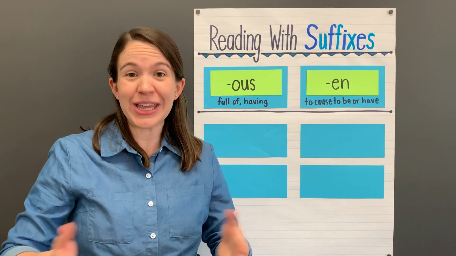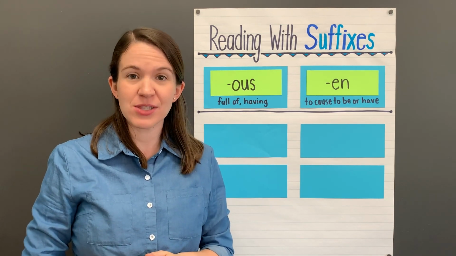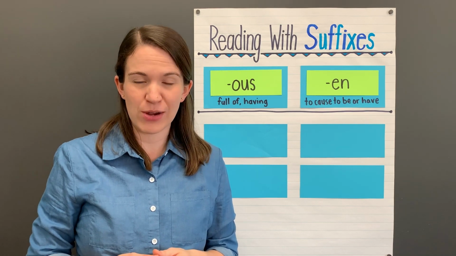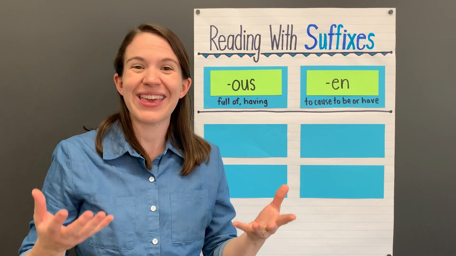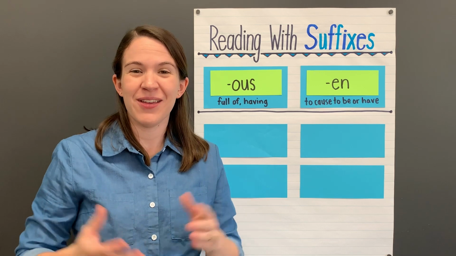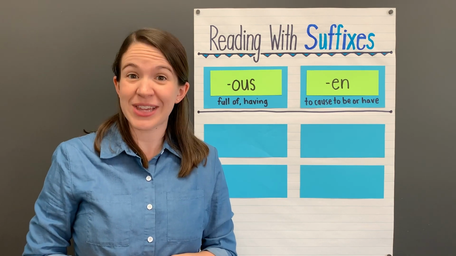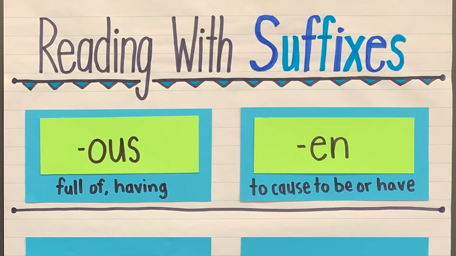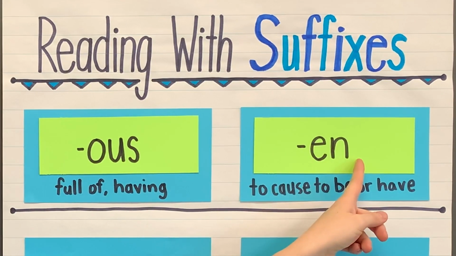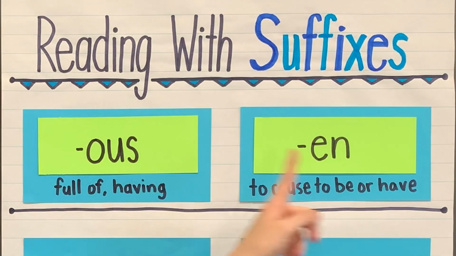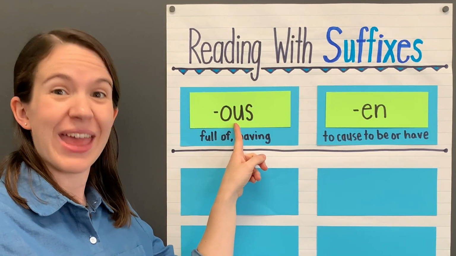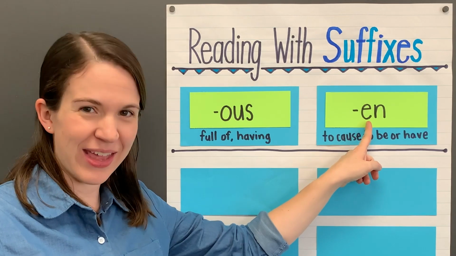But actually, when we read these suffixes, we're going to read them using the same vowel sound. It will sound like this, I, I. So this first suffix will sound like is, and the second one will sound like in. Is, in. Read with me. Is, in.